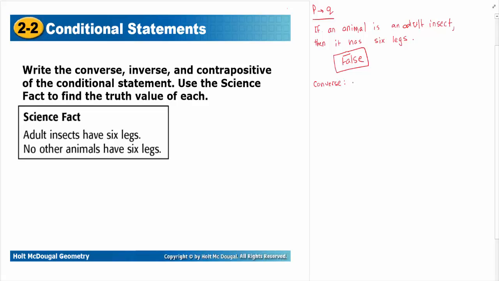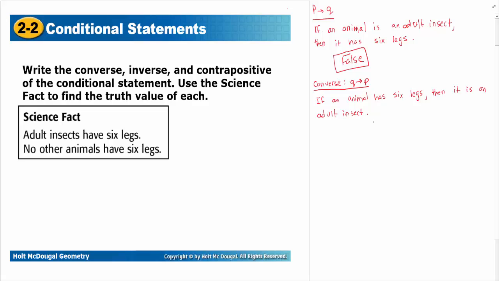So the converse, again, is going to be if Q, then P. If I wrote the converse out, I'd say, if an animal has 6 legs, then it is an adult insect.